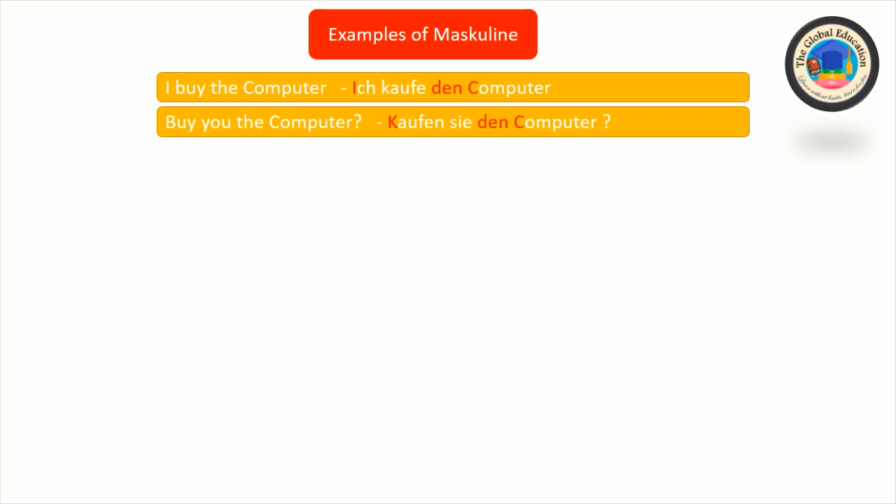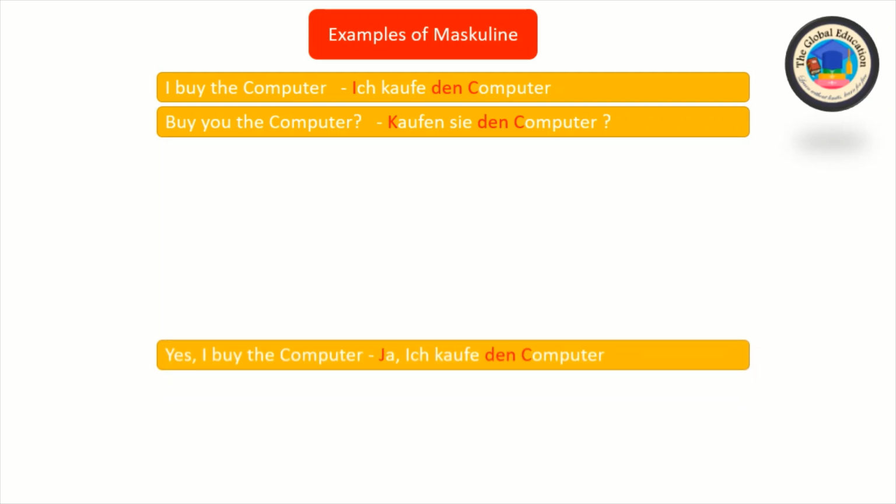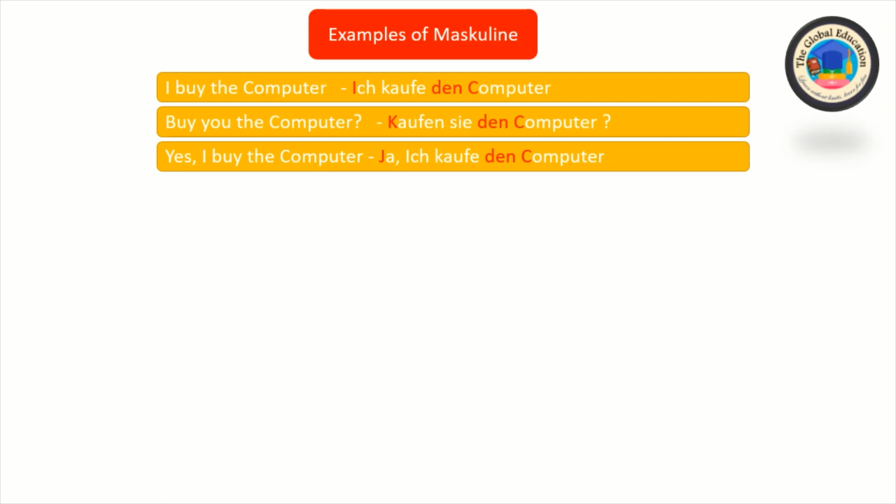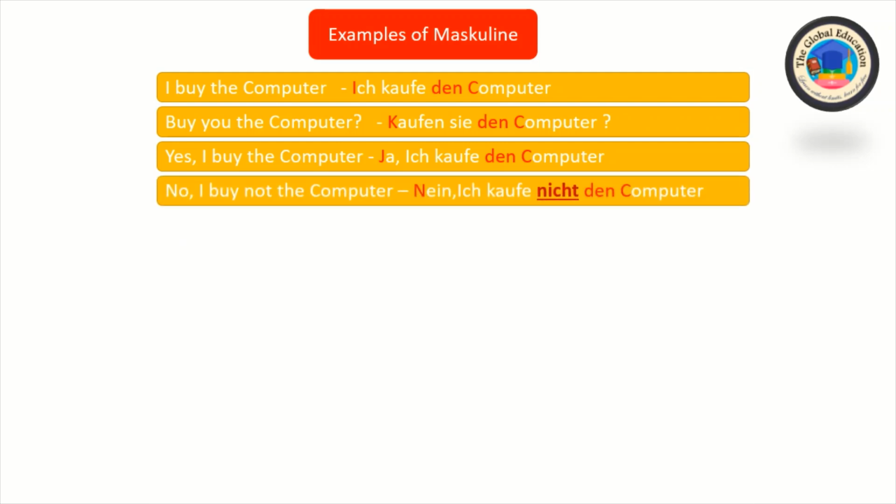Here K is capital in the verb because it is the start of the sentence. But when we use the verb not at the start of the sentence, then we always need to use a small letter. Yes, I buy the computer. Ja, ich kaufe den Computer. No, I don't buy the computer. Nein, ich kaufe nicht den Computer.